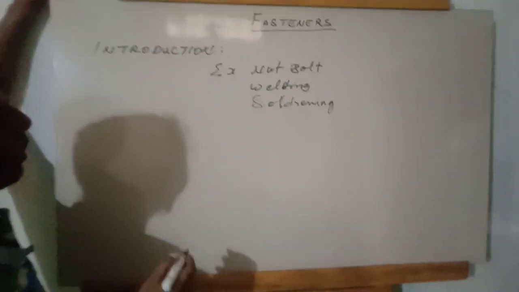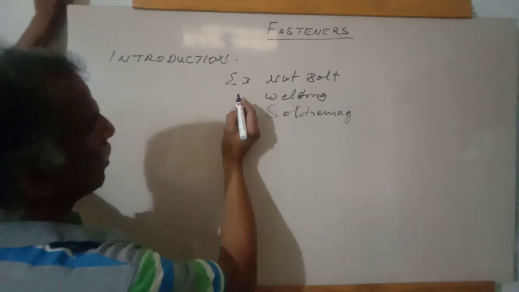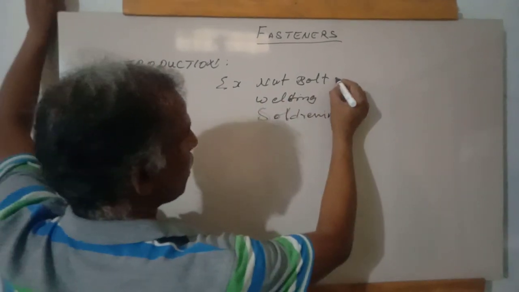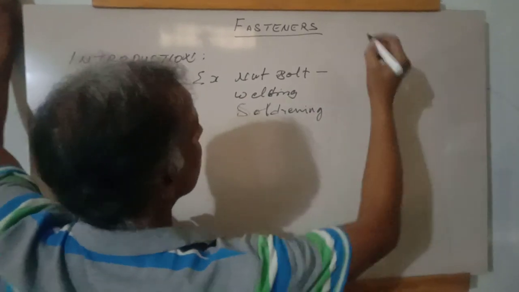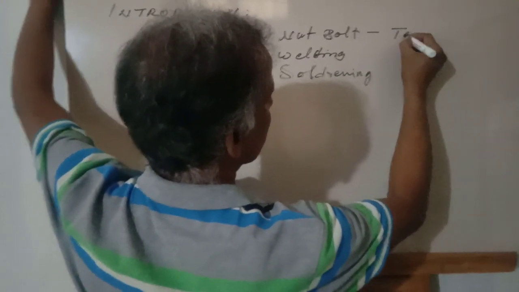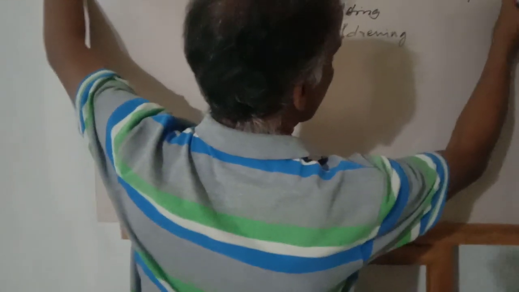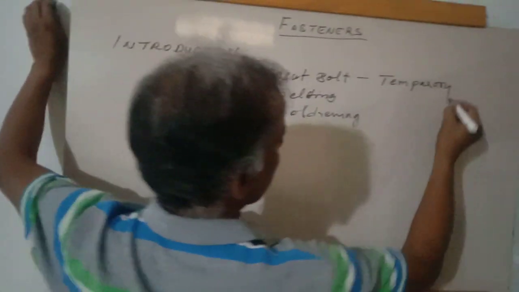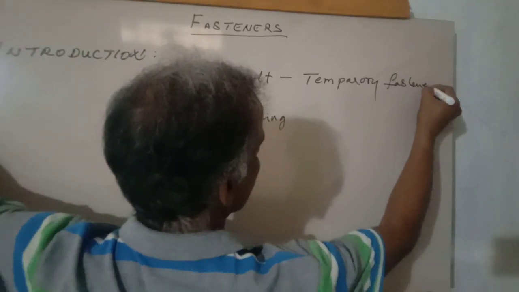Example, this nut and bolt fastener is called a temporary fastener.